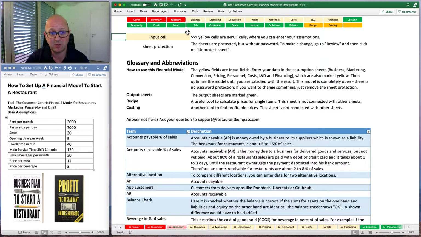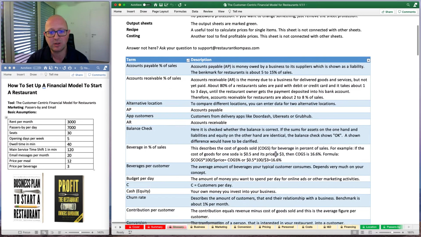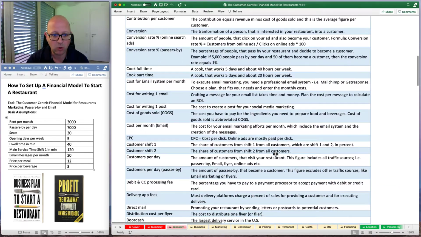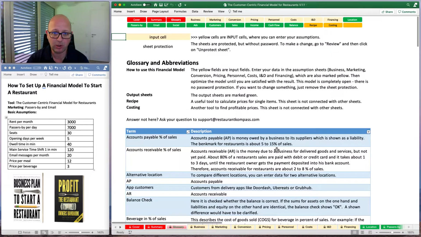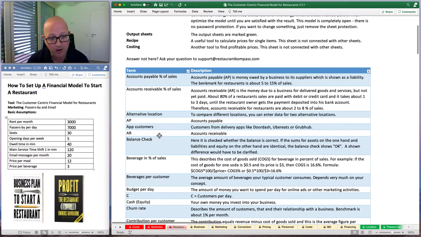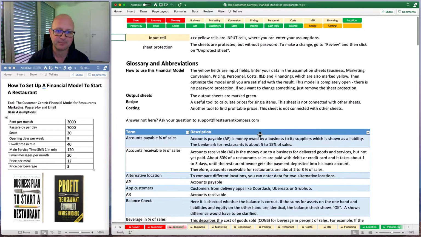Well, as the name says, it contains a glossary and description of more than 100 various terms that are used within this financial model. If you do have a question, what does AR mean? Go to the glossary, look for AR, and you find, okay, it's accounts receivable, and so on.